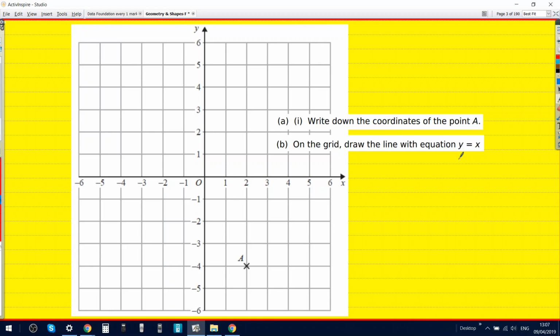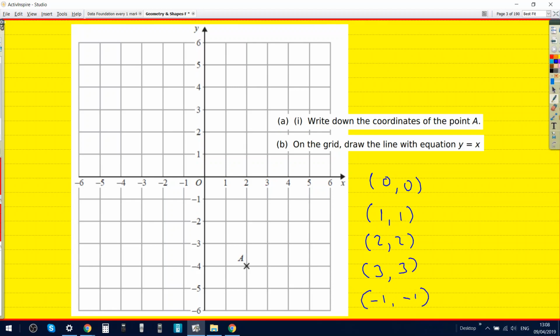It would, and it's also got the coordinate 0, 0. Basically, it has the same x and y coordinates. So 1, 1, 2, 2, 3, 3, and then -1, -1, and so on. If you were to do those, it's going to make a diagonal line.